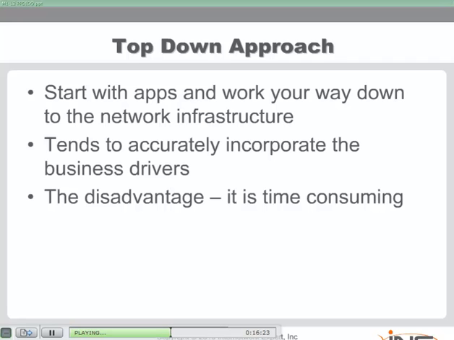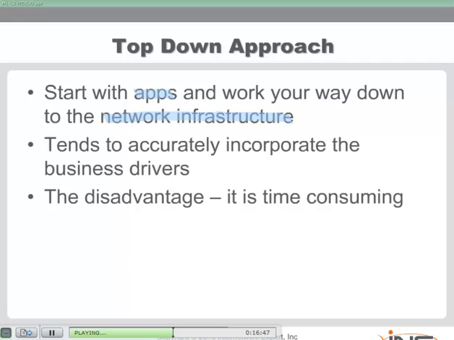Notice you're starting with the applications at the top of these layers, and you're working your way down from the applications through the services all the way to the network infrastructure layer. Why is this approach so often preached by CCDAs?